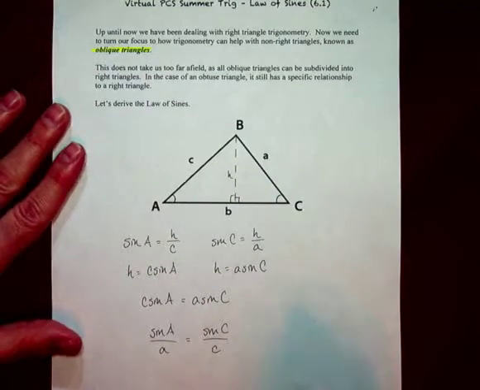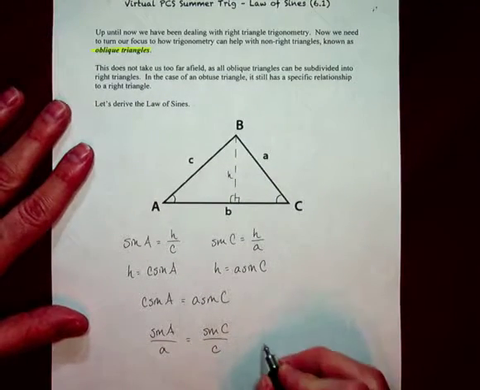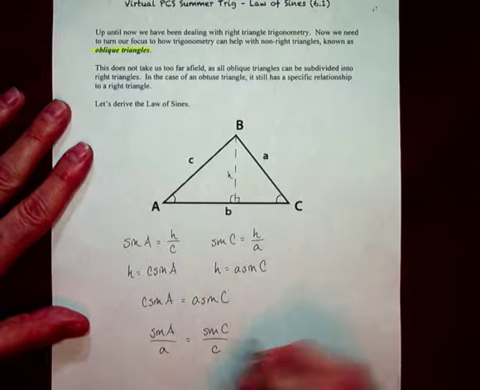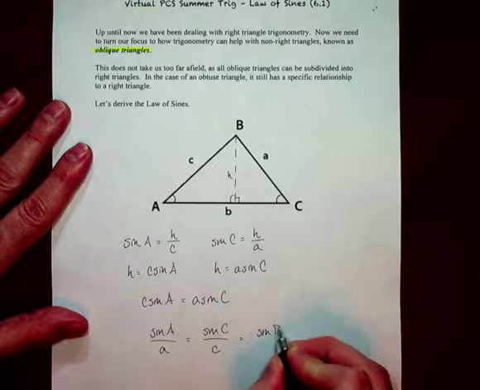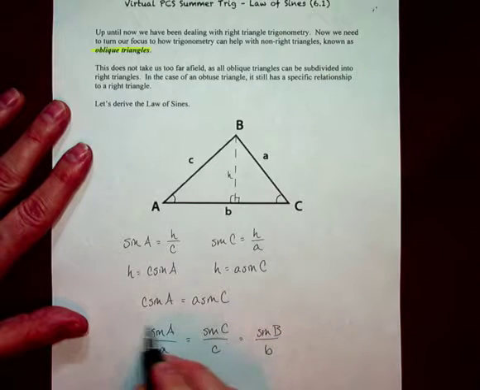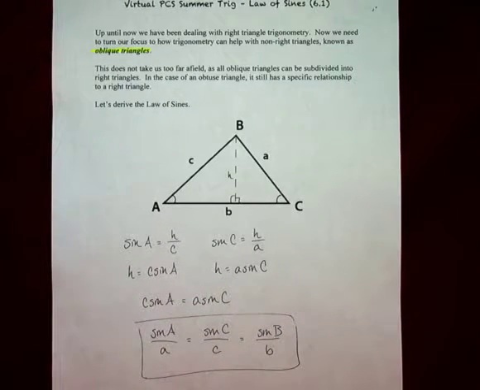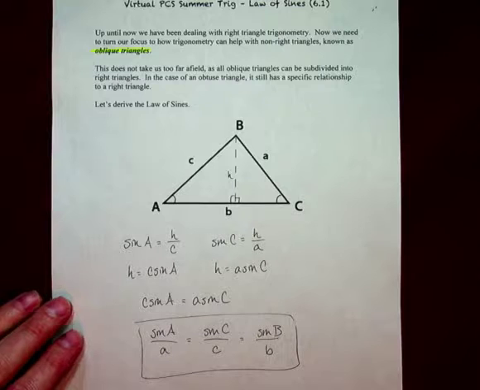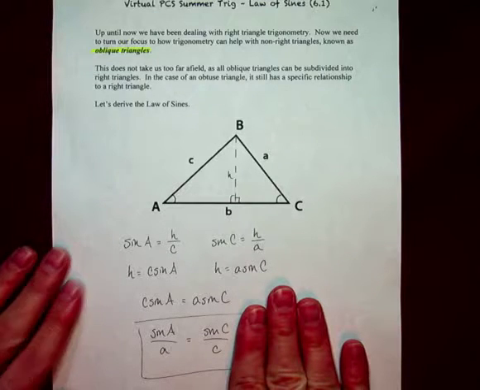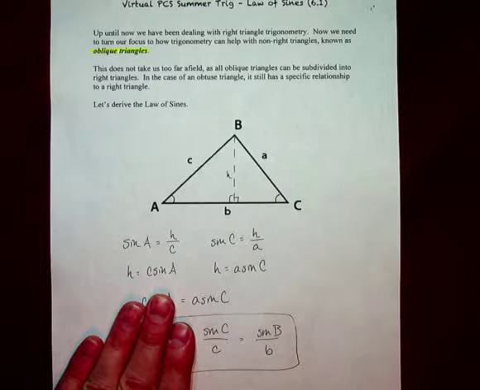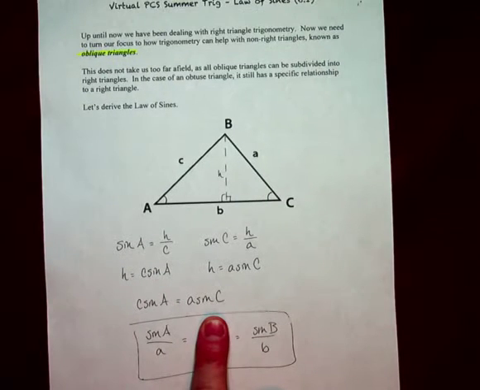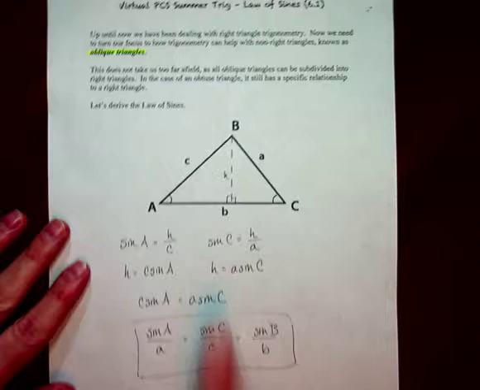And what happens is we wind up getting sine A over A is equal to sine C over C, which is equal, predictably, to sine B over B. Of course, you don't set all three equal to each other at the same time. You use whichever proportion is helpful given the information you have.